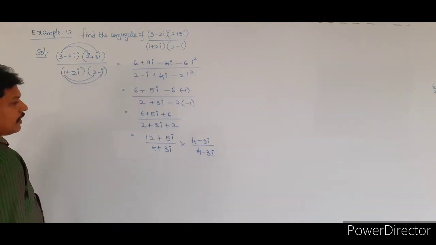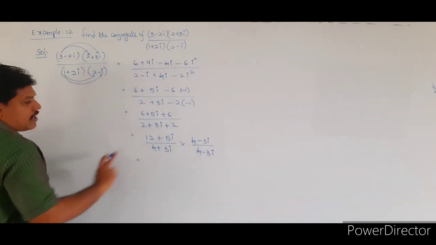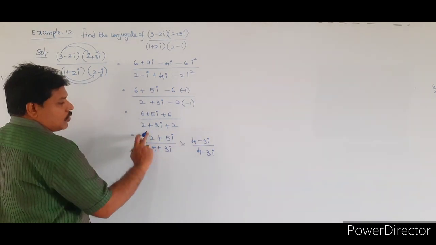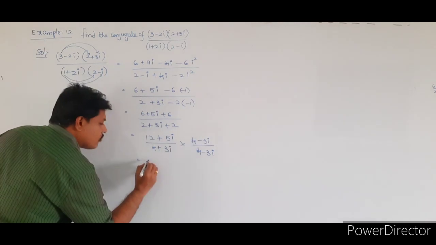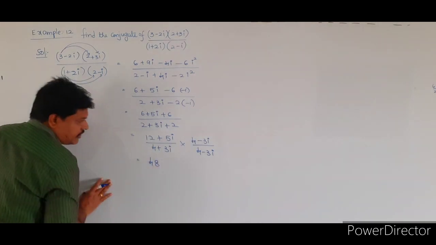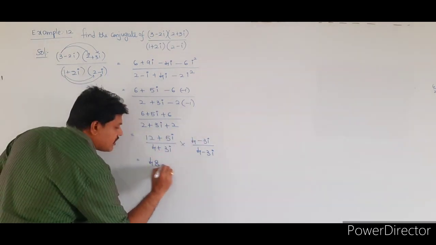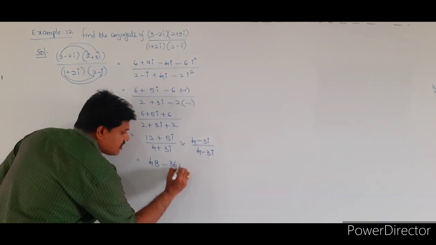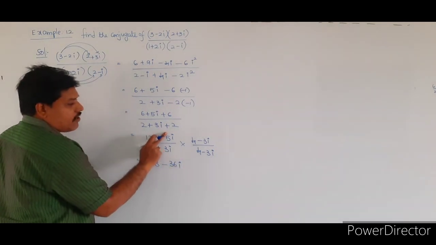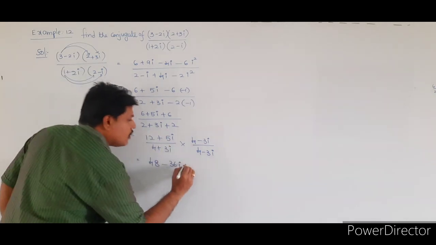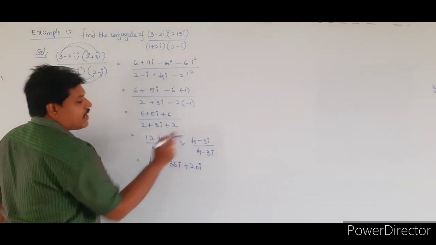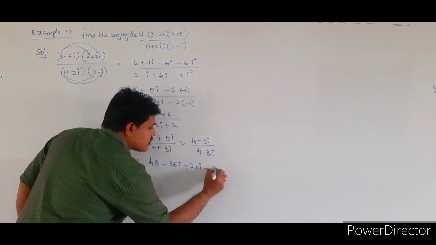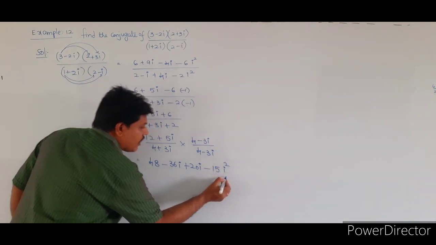First multiply that with 12: 12 into 4 is 48, 12 into minus 3i is 36i. Multiply with 5i: 5i into 4 is 20i, 5i into minus 3i is minus 15i square.